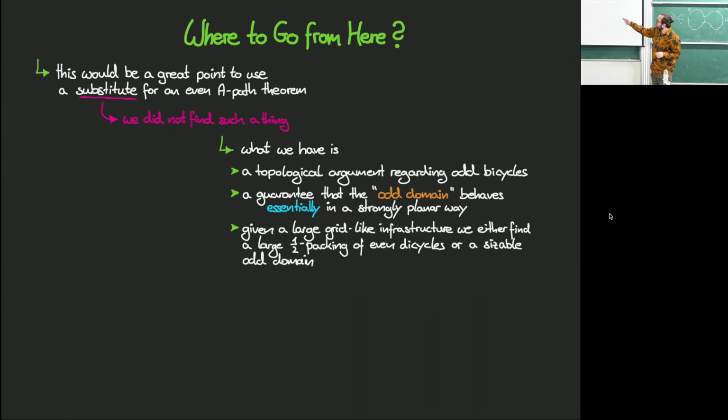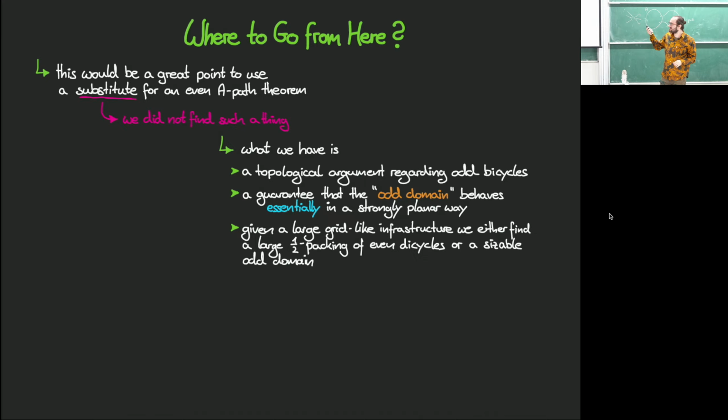And if I have a large grid-like infrastructure, I either find a half-integral packing, in this case even half-integral, of even dicycles, or I can find a big odd domain inside of this grid infrastructure. These are the 3 tools we have seen so far.